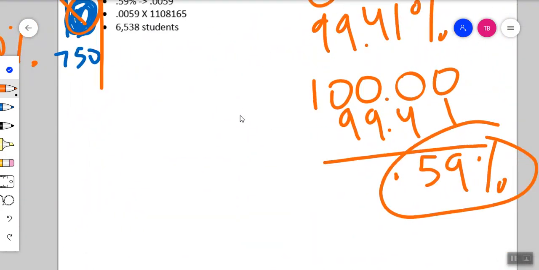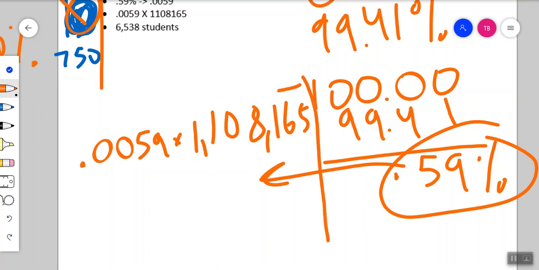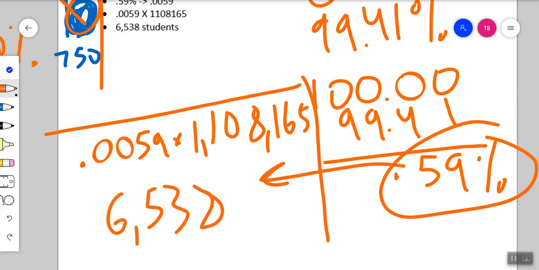So I'm just going to plug this into our equation. 0.0059 times 1,108,165, and you're going to get a total of 6,538 students.